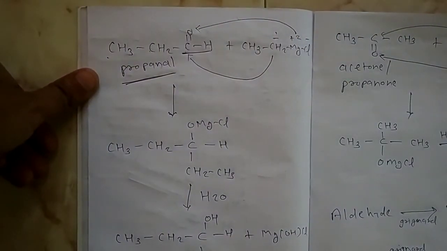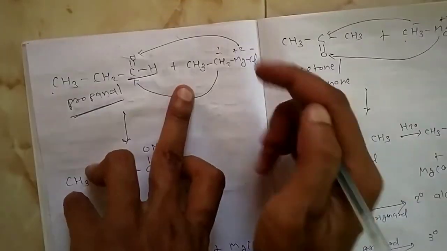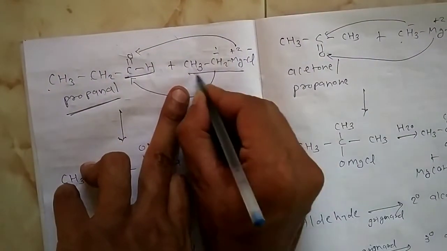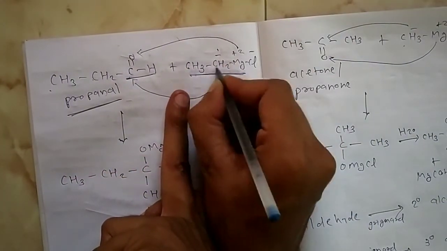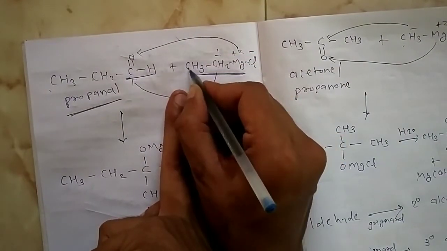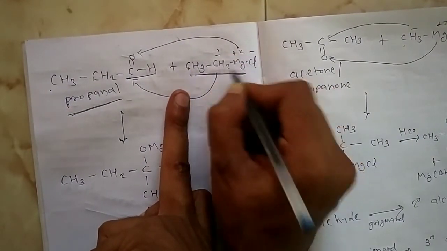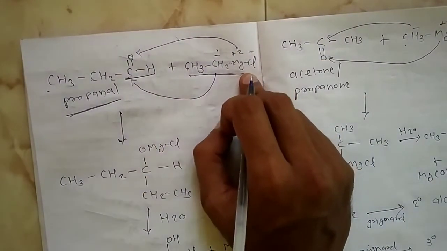Now when it reacts with this Grignard reagent, which has 2 carbons only, instead of CH3 I am using an ethyl group here, CH3, CH2, MgCl. I have changed the Grignard reagent also.